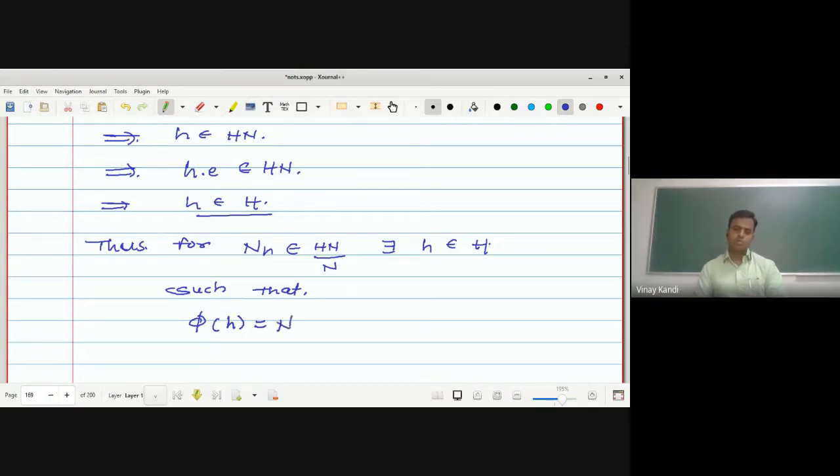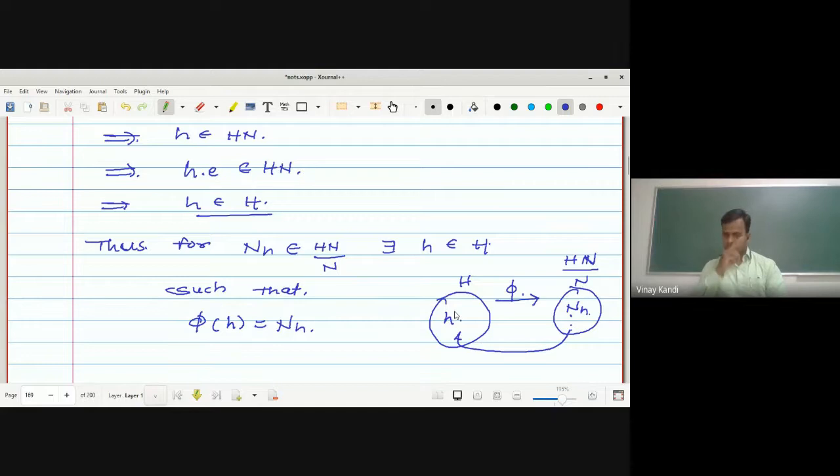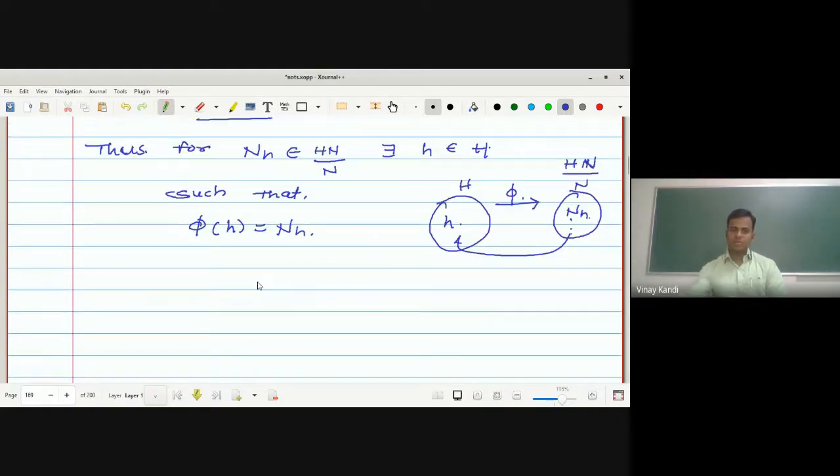Here is the element of the form nh. So for each and every element belonging to the codomain, we get the pre-image in the domain. Hence, phi of h is equal to nh.